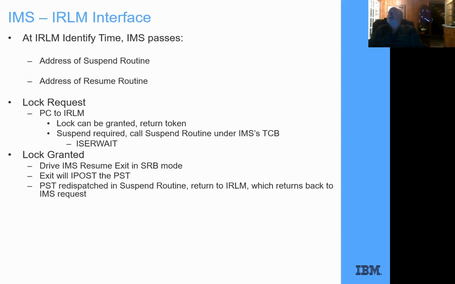That suspends the request. When the lock is granted, the IMS resume exit is driven in SRB mode, and the SRB will post the PST that's in the ISR wait, and the PST will get redispatched inside the suspend routine. The suspend routine will return to IRLM, and that will return back to IMS in the dependent region with the lock token of the granted lock or the return code.